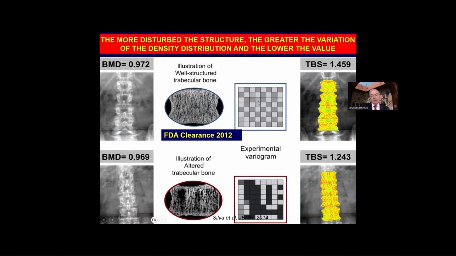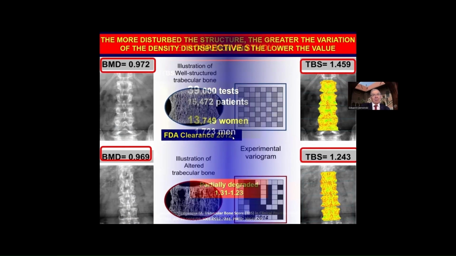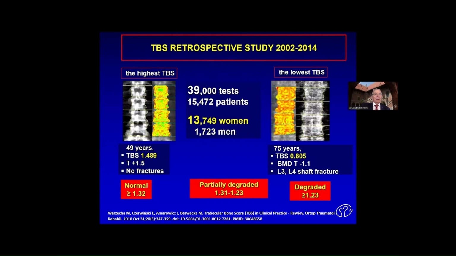And here is a map of the normal, good distribution, and this is the altered distribution. We use this method in our laboratory. We have 39,000 tests, 15,000 patients, 15,000 women.